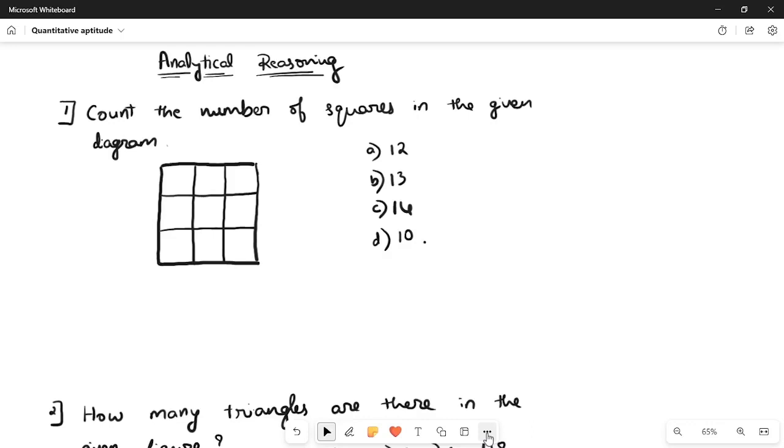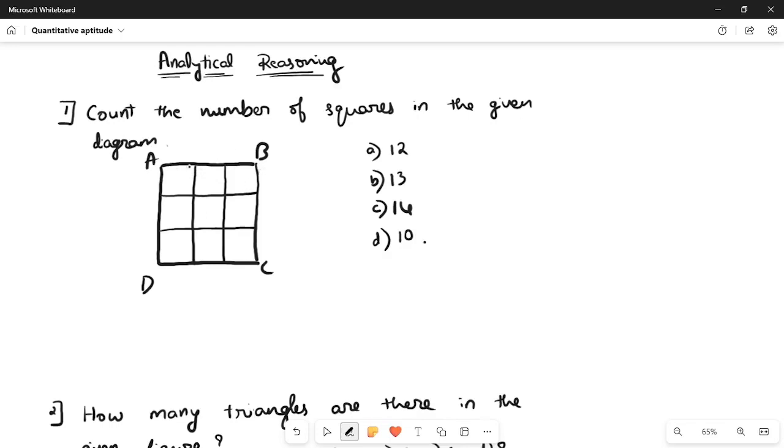First problem is count the number of squares in the given diagram. Okay, here there is a diagram. I just name the corner points A, B, C and D. One way of solving this is giving names to the points, each coordinate point, and then counting the figures.